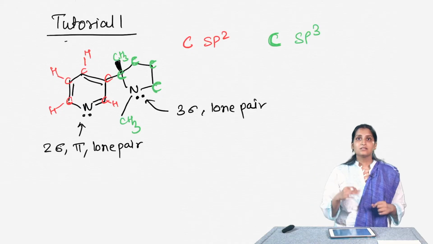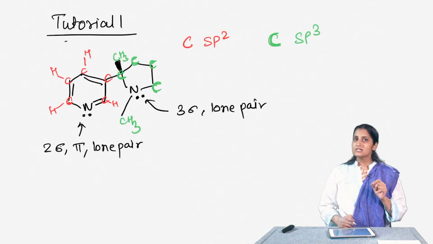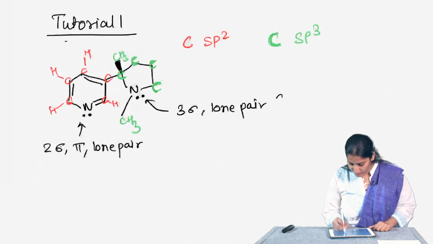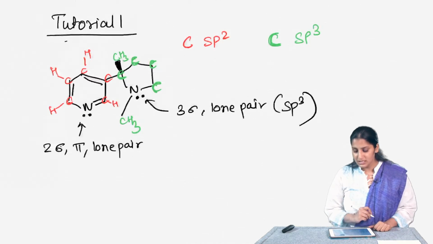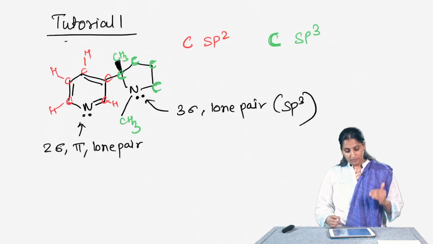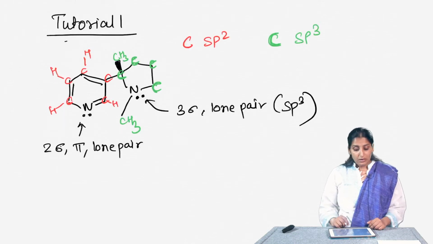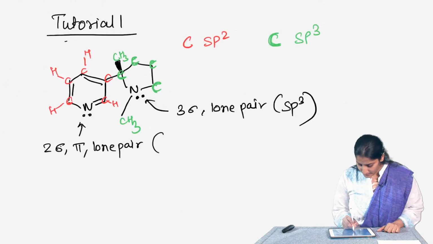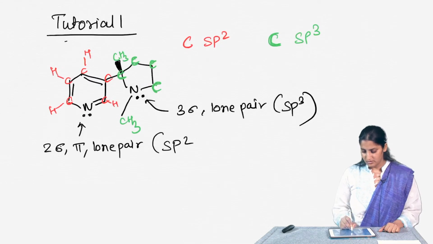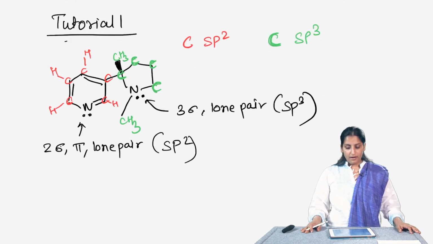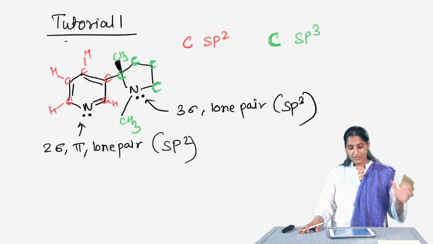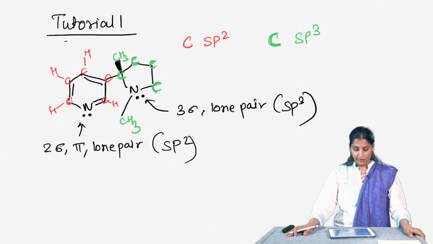When that is the case, you can be assured that the nitrogen is sp3 hybridized. So, this one here is sp3 hybridized, whereas the one that is double bonded is actually sp2 hybridized. Now we have jotted down the hybridization of each and every atom in the molecule.